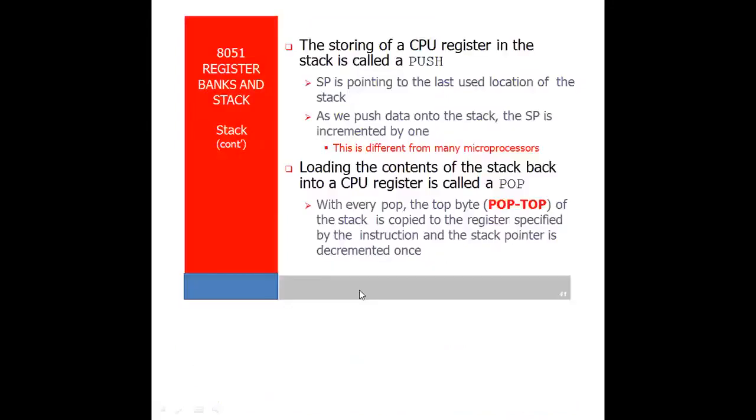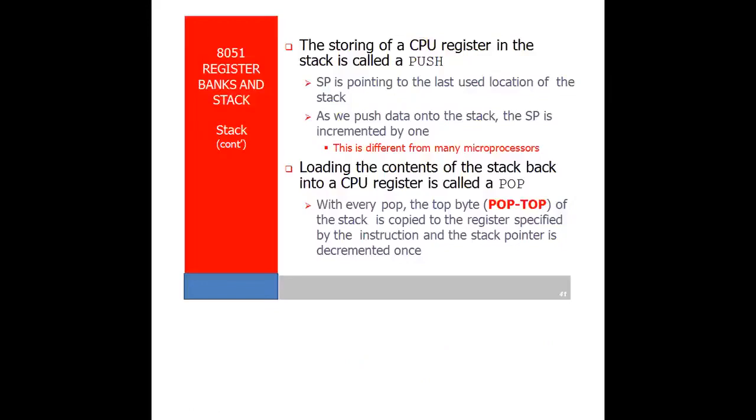Whenever I try to store data from a CPU register, I shall push the data. SP, the stack pointer, points to the last used location of the stack. Whenever this instruction is executed, it will be incremented by 1. And whenever I retrieve the data, my instruction will be POP.